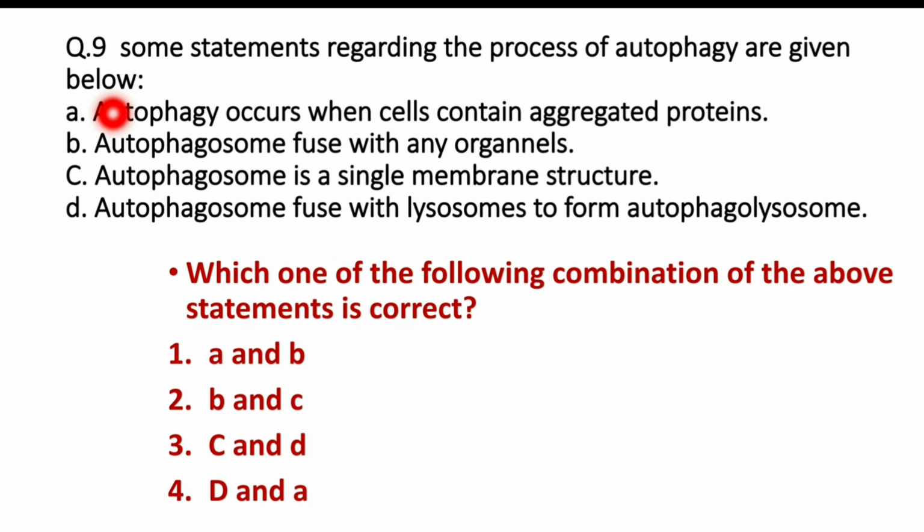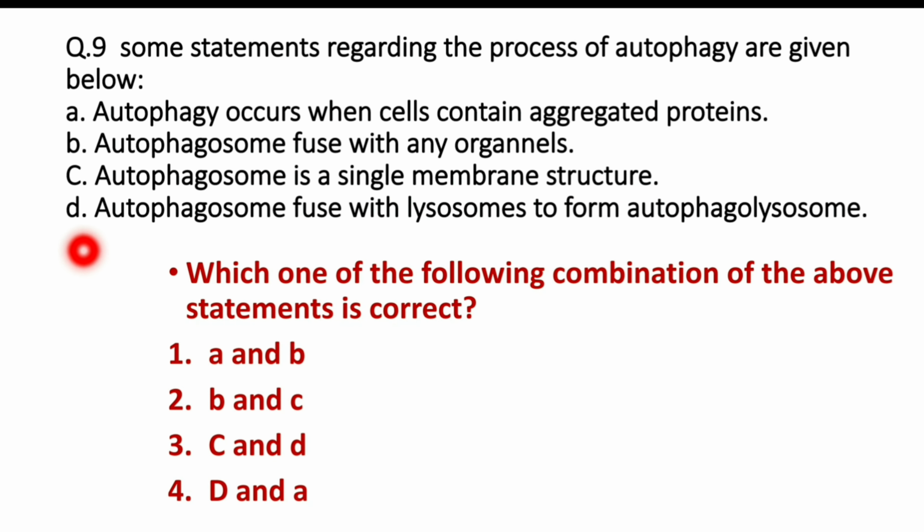Question 9. Some statements regarding the process of autophagy are given below. Statements are: A. Autophagy occurs when cells contain aggregated proteins. B. Autophagosomes fuse with any organelles. C. Autophagosome is a single membrane structure.